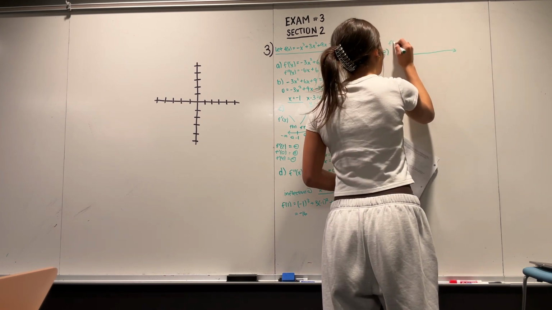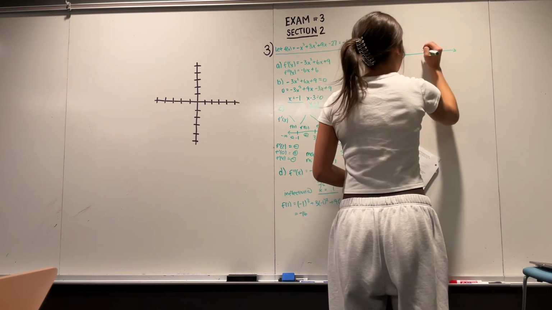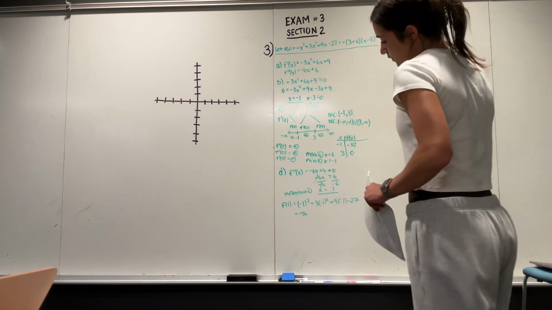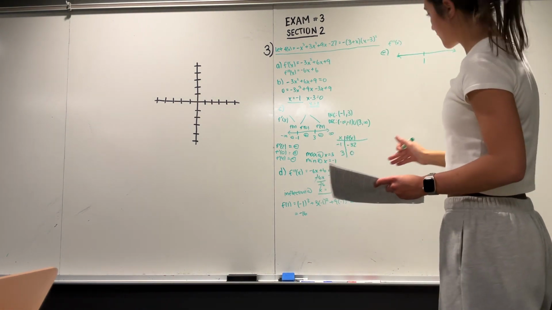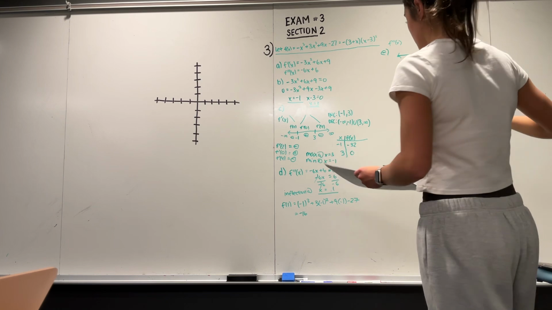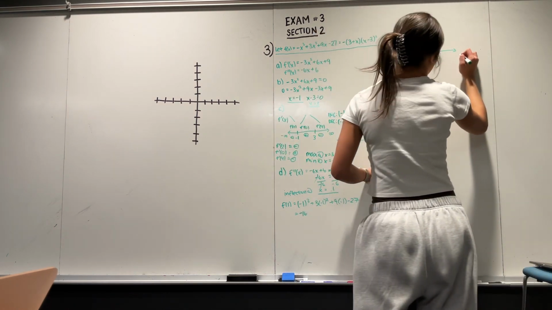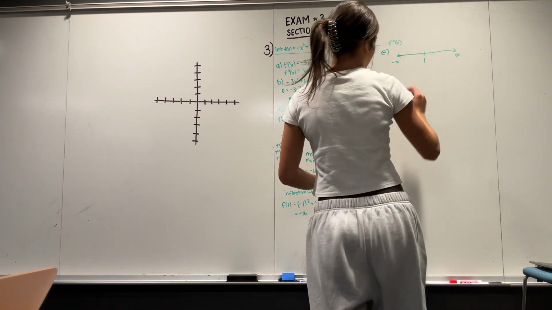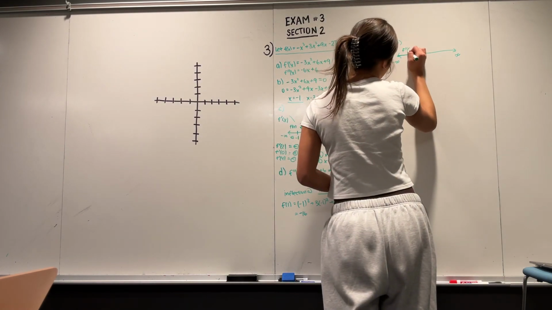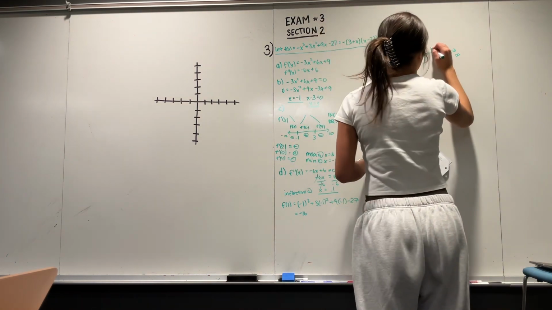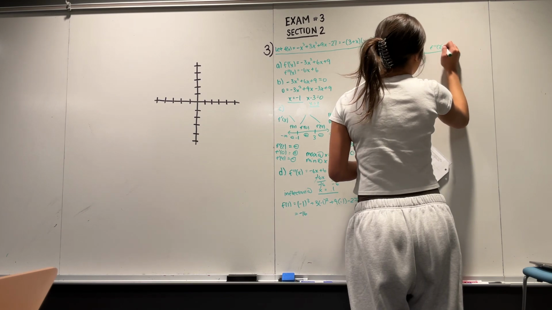It's going to be f double prime of x, and then our possible inflection point is at 1. So again, it's negative infinity, and then infinity. What we're going to do is f double prime of 0, and f double prime of 2.